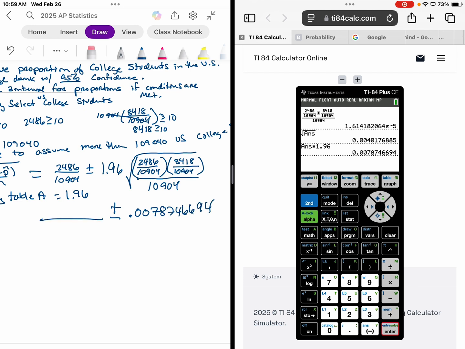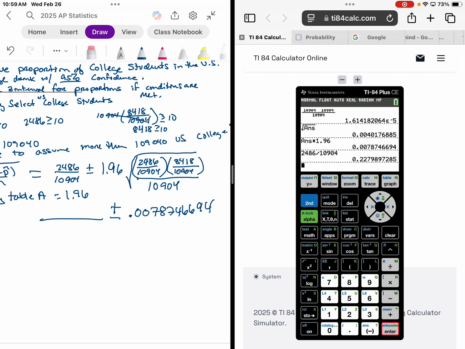All right, so I am now down to the plus or minus 0.0078746694. Now I just got to get the decimal for the first fraction. 2486 divided by 10904. Sweet, that's 0.22798978285. I'm going to let the calculator do my work. I always do the one on the right first. I like adding first. So I'm going to take my answer that I just had, and I'm going to add to it the 0.0. Oh, Mr. Stevens, you doofus.